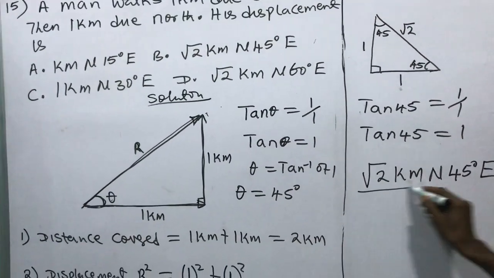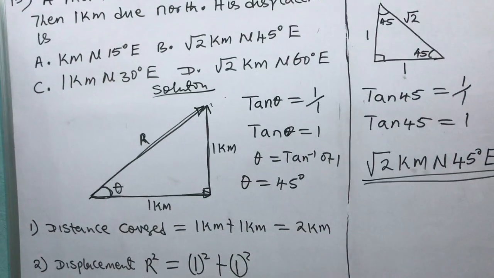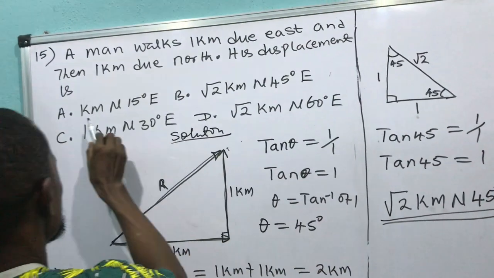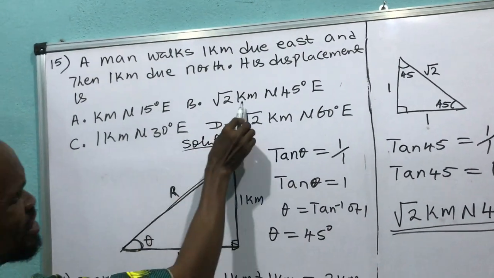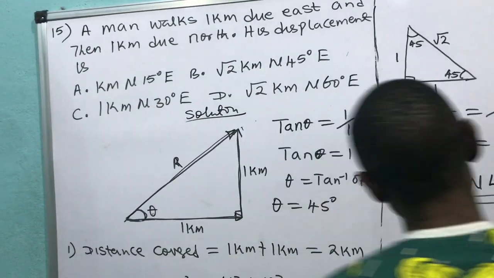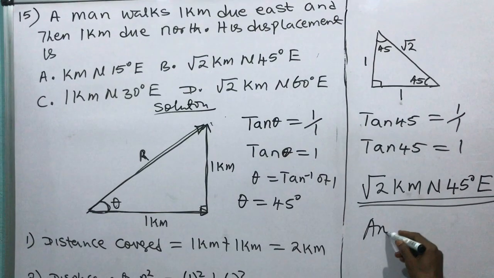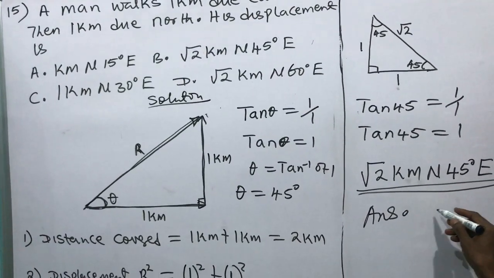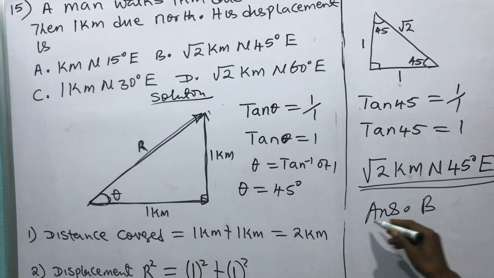That means that's my answer. I go to the options here. I look at this one, it's not the option. I look at this one, this one is the correct option. That's my answer. My answer is option B.